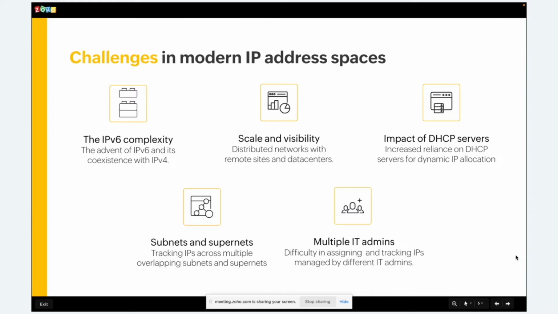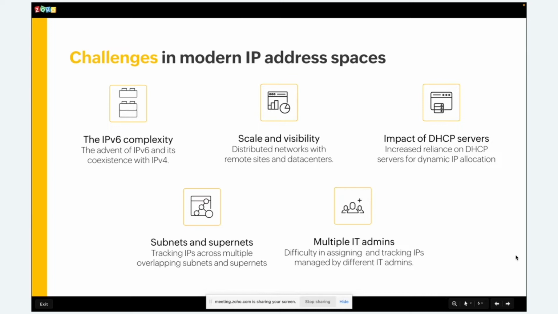The next challenge is scale and visibility. Scale and visibility needs to be a part of every network admin's IP address management strategy, because our networks are becoming increasingly distributed. They are not confined to one campus or one office or one data center anymore. We have data centers and remote sites across the globe, across the city, across the state.